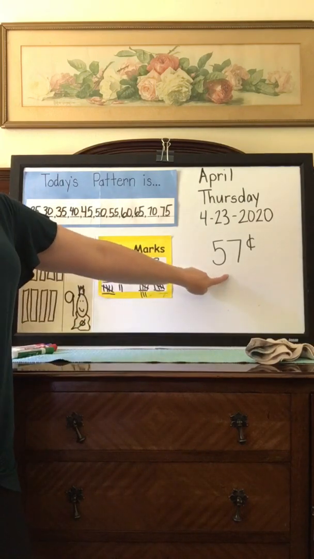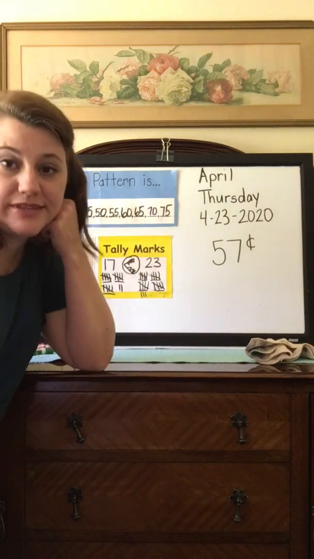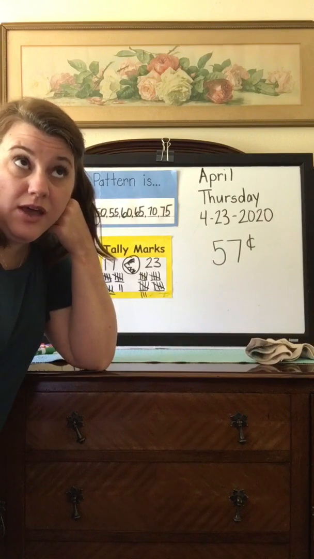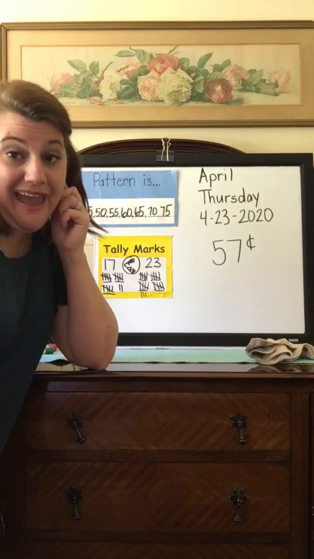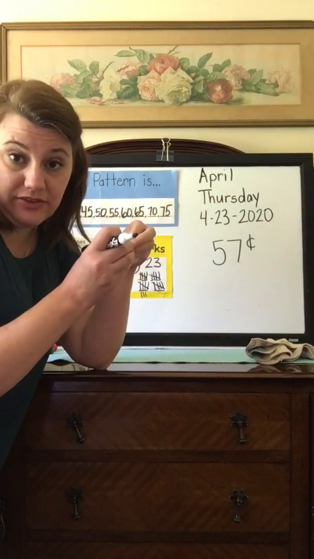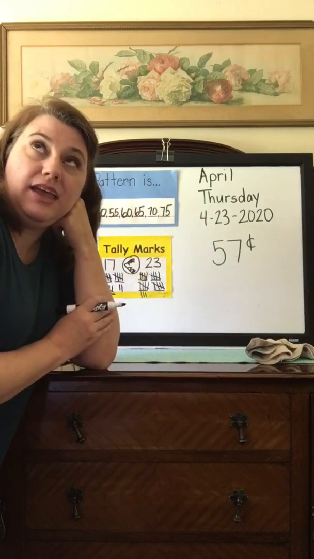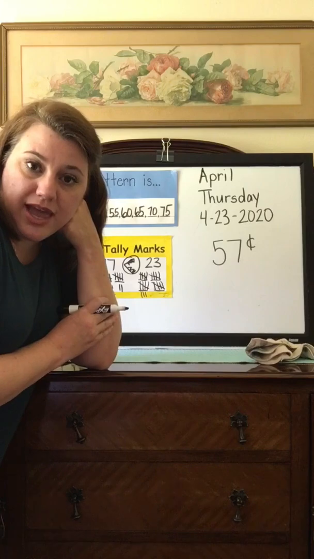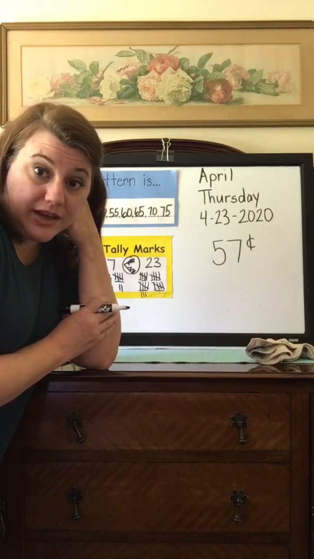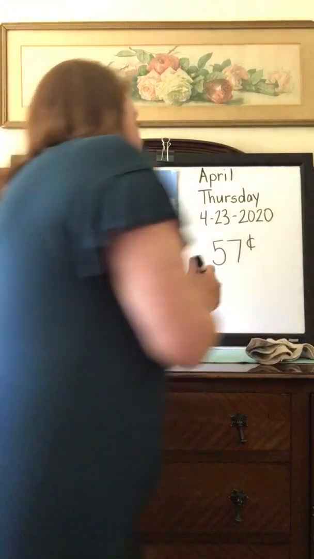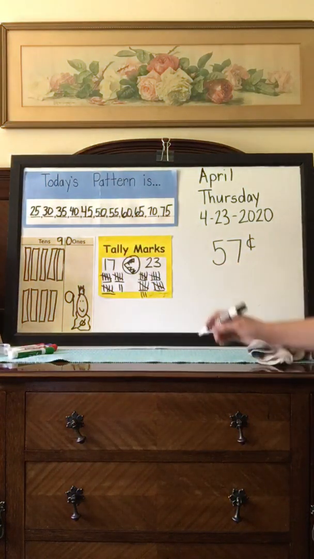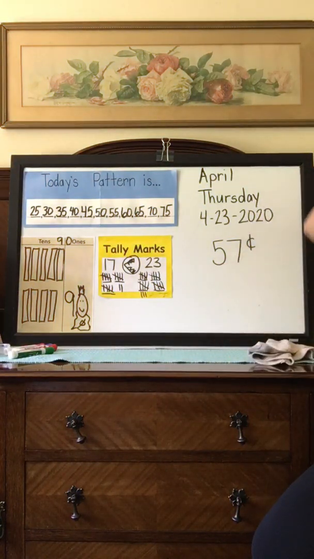Okay, boys and girls, look at this. It's the number 57. We normally add our coins together to figure out our number and kind of what it looks like. But today, I want us to really look at those groups of 5 and how many groups of 5 it will take us to get to the number 57.